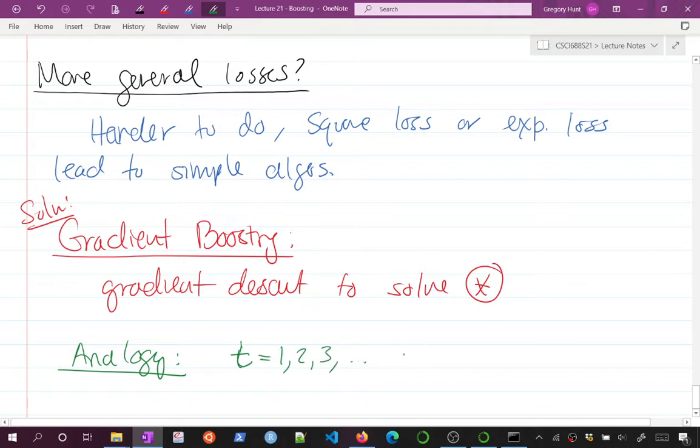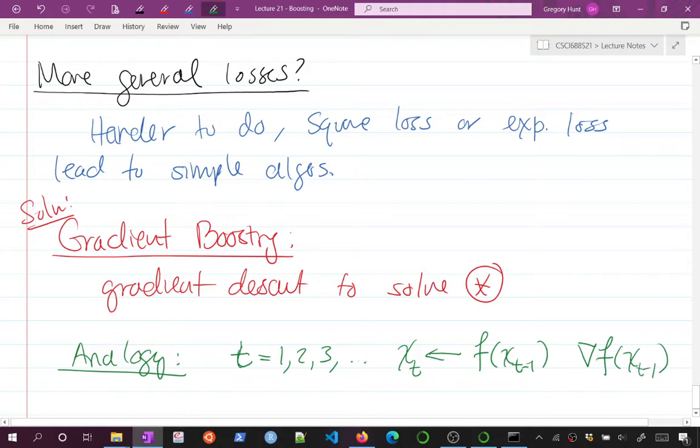At each time step, we calculate x at the current time step as x at the previous time step, minus, for descent, the gradient of f at this previous time step. That's supposed to be t minus 1.